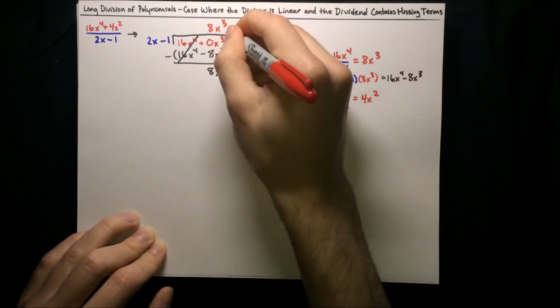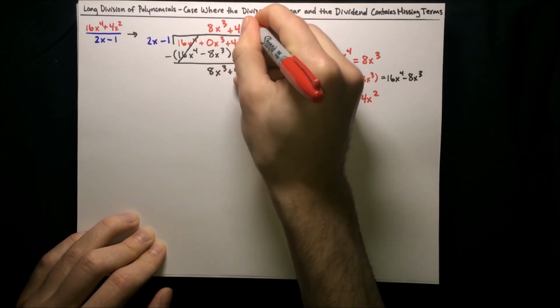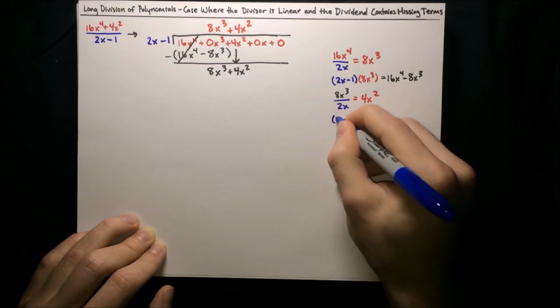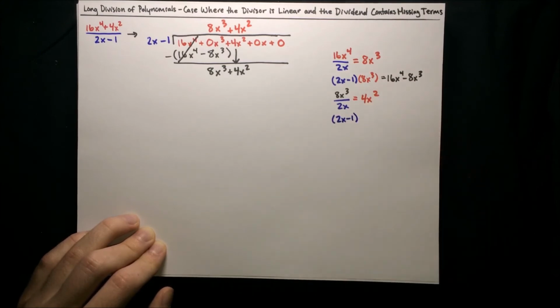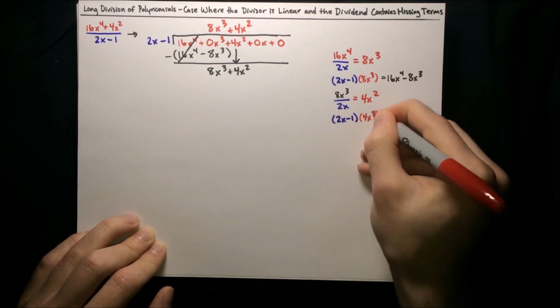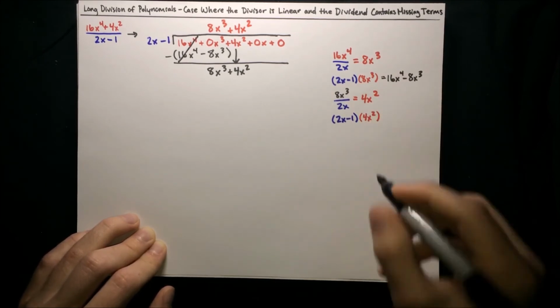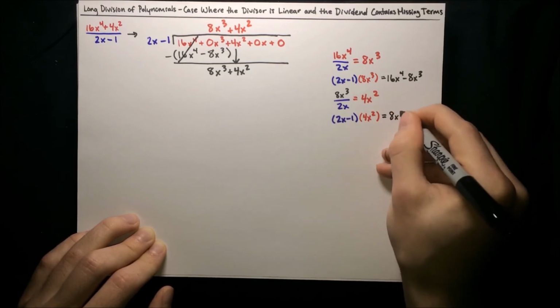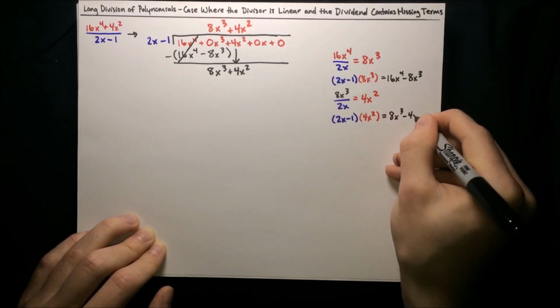Okay, so 4x squared will be in our quotient. And then to figure out what our next row is, we take that 2x minus 1 divisor and multiply it by that result of 4x squared.